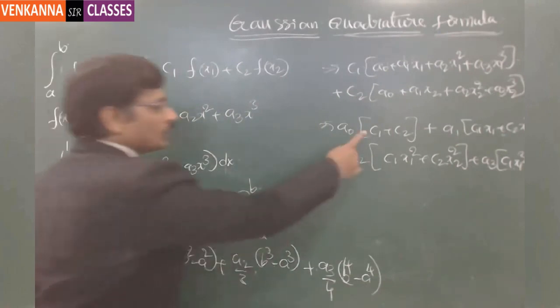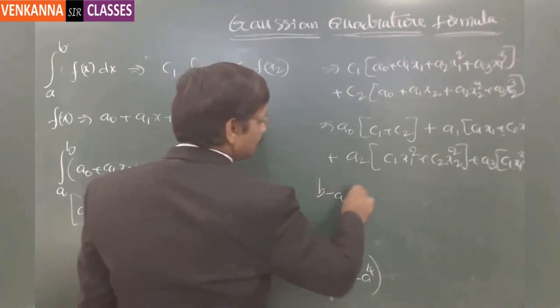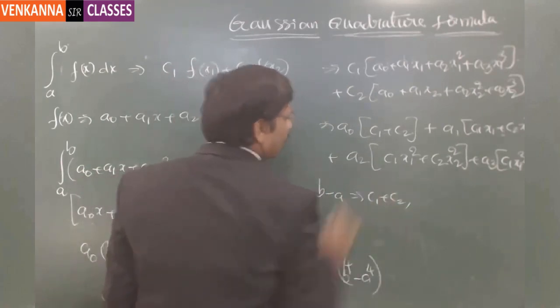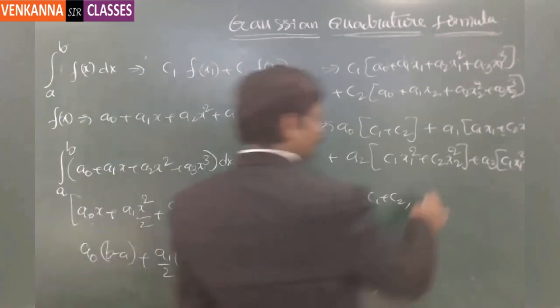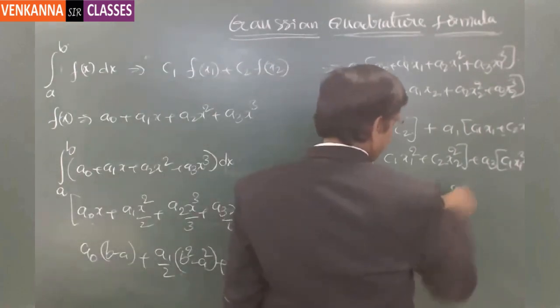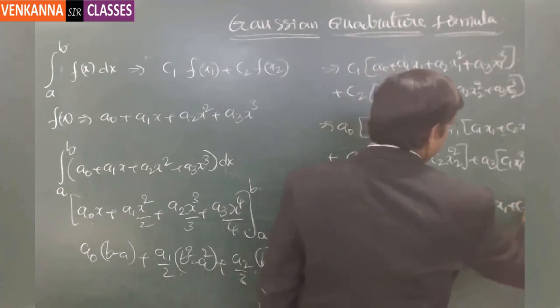If you correlate the corresponding values, b minus a is equal to c1 plus c2, and the second one is (b square minus a square) by 2 equal to c1 x1 plus c2 x2.